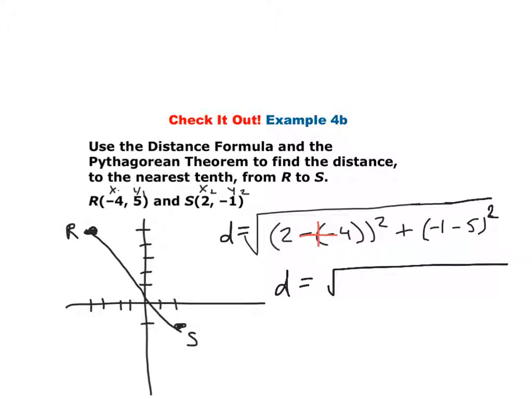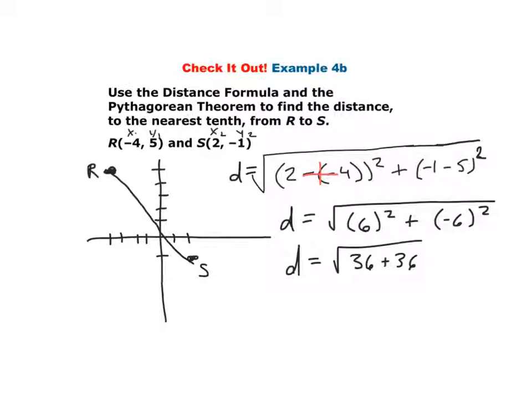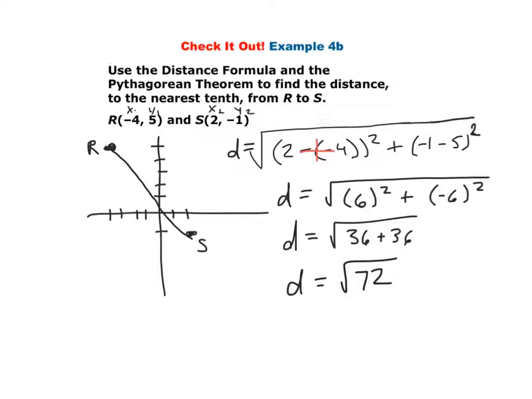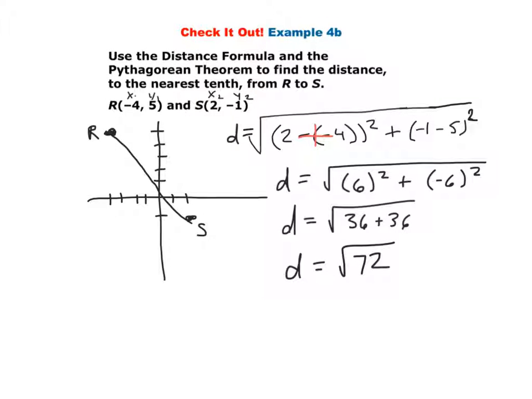Remember, this becomes a big plus sign. So 6 squared plus -1 minus 5, -6 squared. So we have the square root of 36 plus 36, which is equal to the square root of 72. So this is the distance using the distance formula.